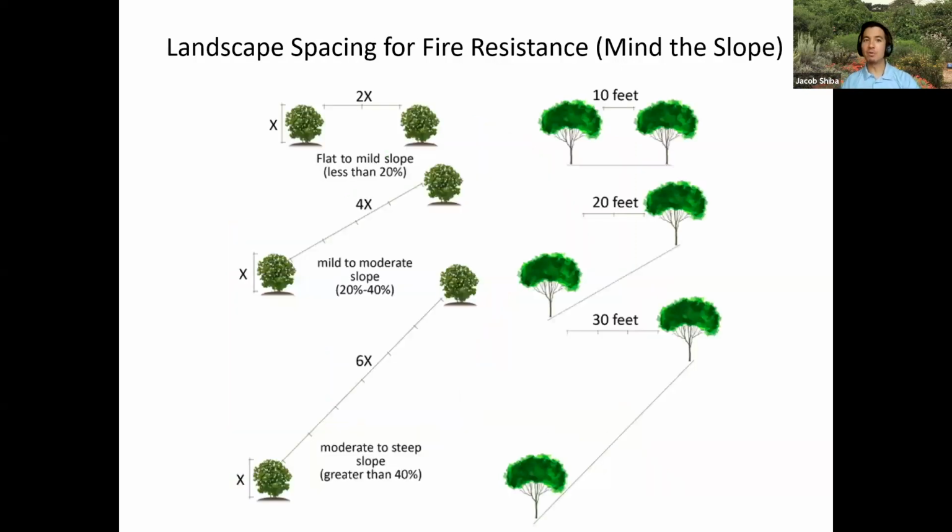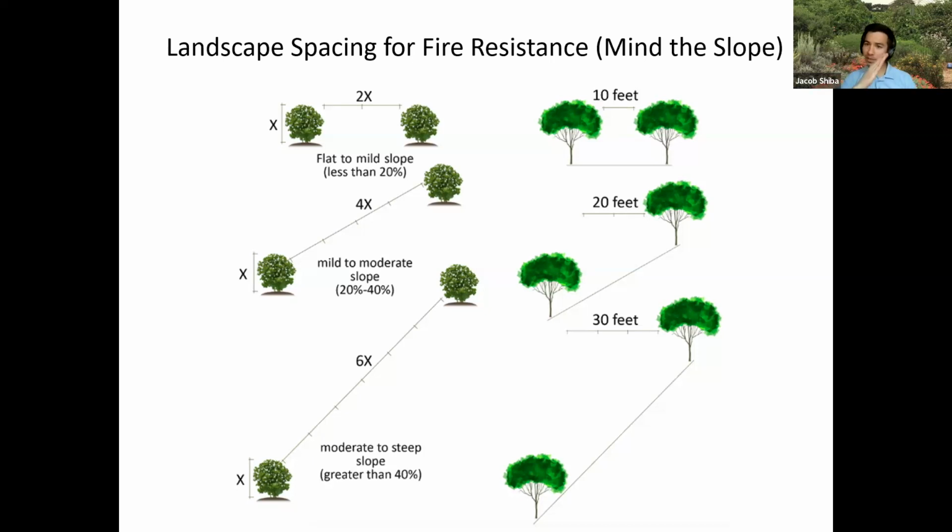Another thing to think about with your larger shrubs and your trees is that if you live in an area where you have to have fire resistance in mind, maybe you live on an urban wildlife interface, the bigger the slope that your trees are on, the farther apart those trees need to be. So if you're on a relatively flat slope, you can space trees, say, 10, 20 feet apart.